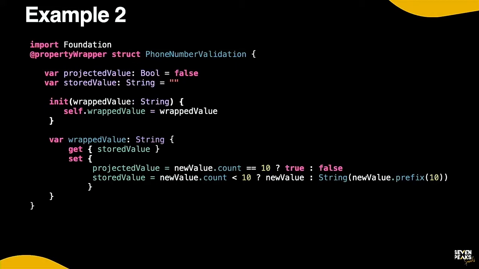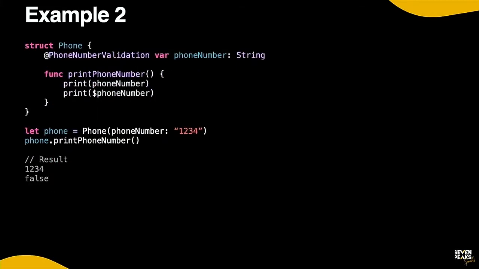It will be a different type from the wrapped value. And how to use it? It's easy. You can access the projected value by using the $ as a prefix, like this.